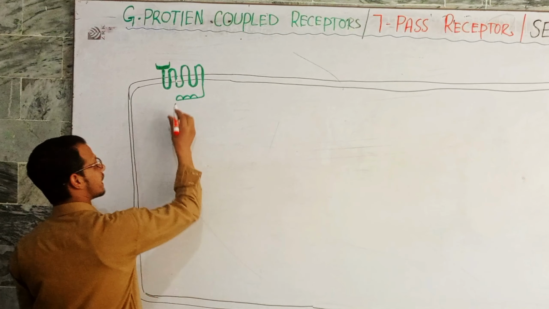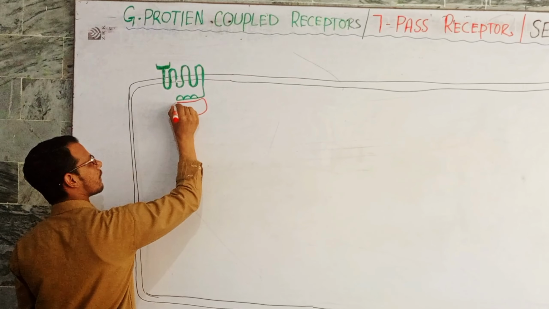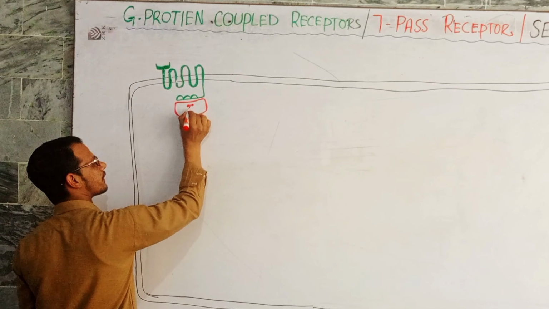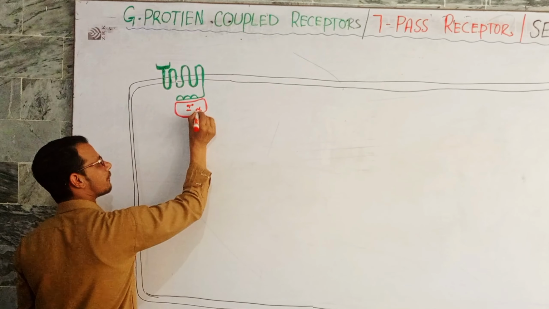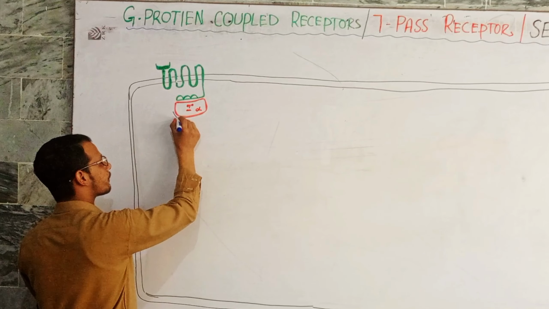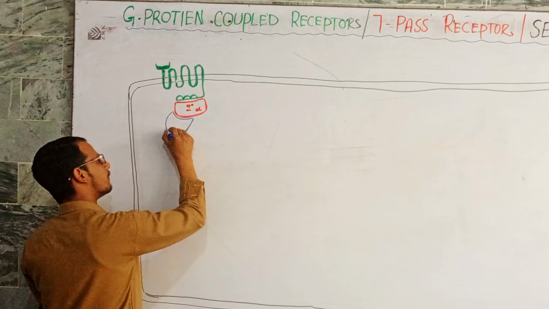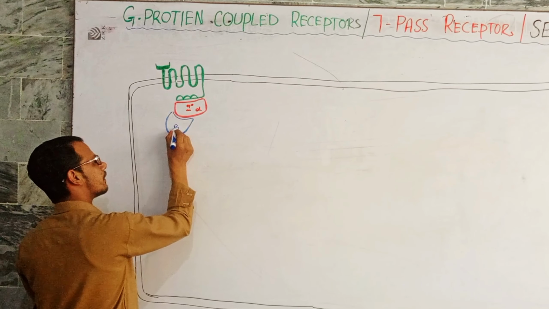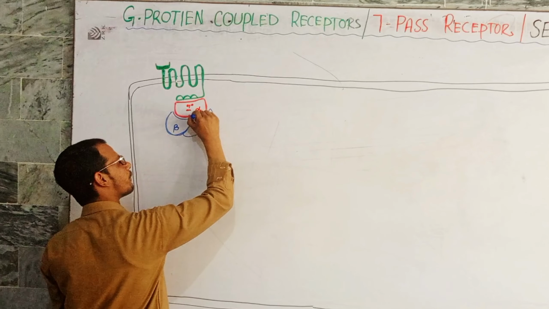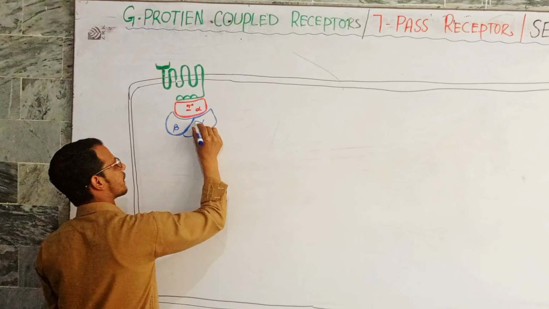And some proteins are attached with this receptor. For example, this is the alpha unit of G protein, this is the beta unit of G protein, and this is the gamma unit of G protein.